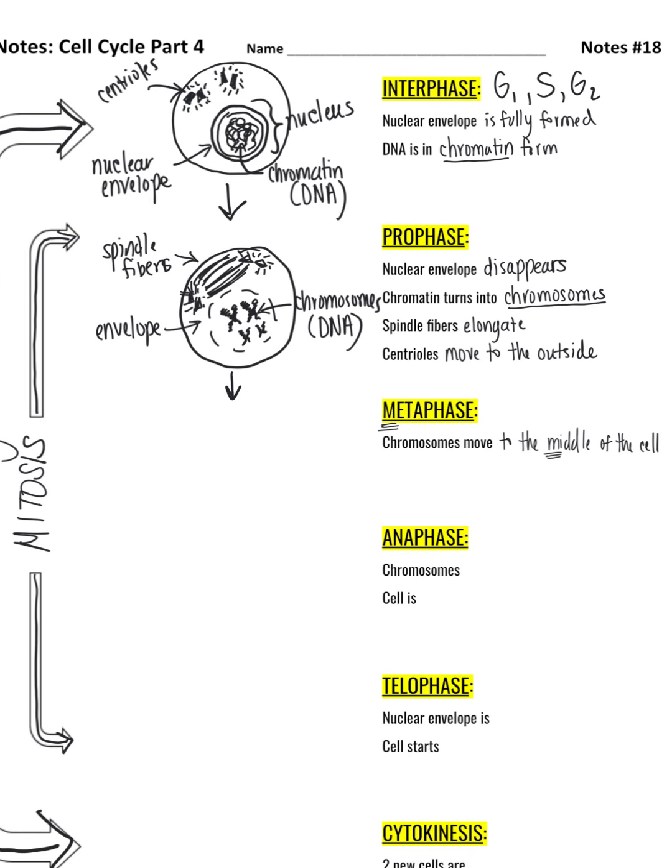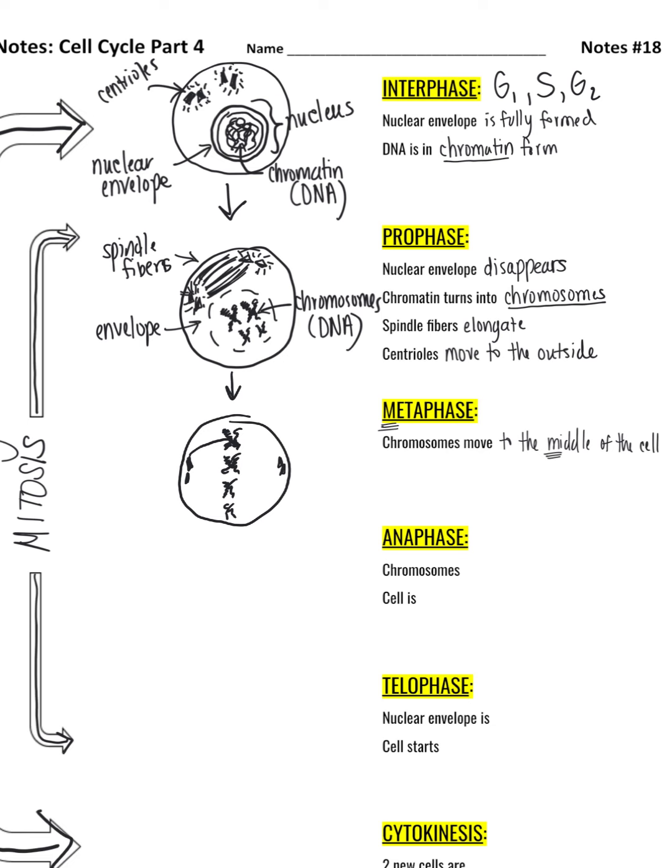I'm going to draw another arrow. So here, the chromosomes move to the center or the middle. And at this point, you can see the centrioles are all the way on the outside.